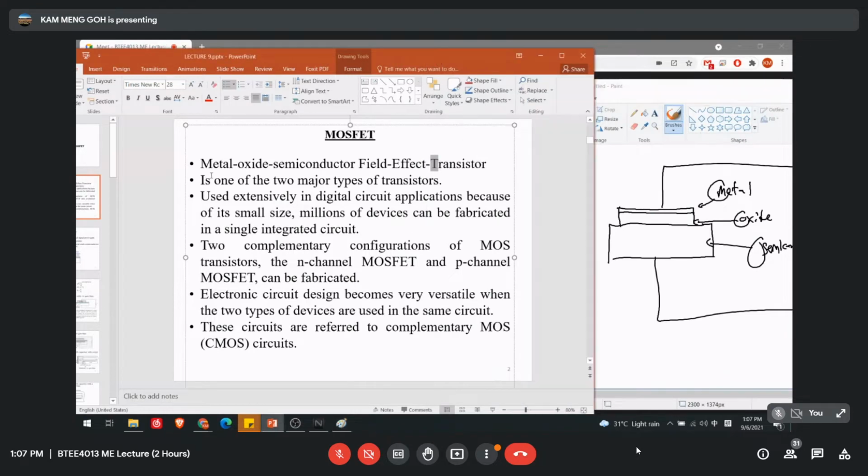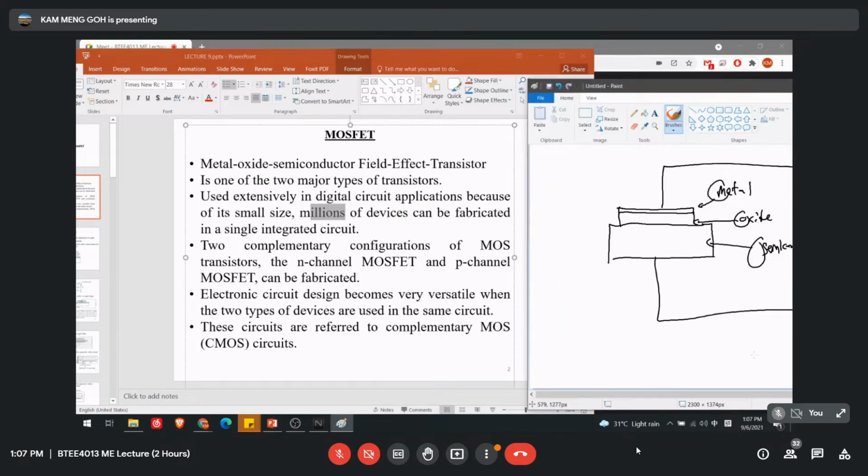It's one of the two major types of transistor. It's used extensively in many digital circuits because of its small size. Millions of transistors can be fabricated into one single circuit, just like what your assignment is doing.